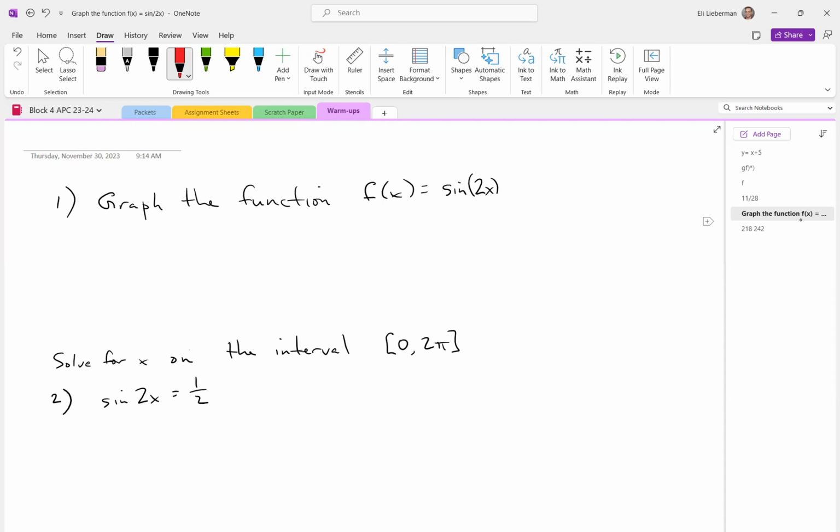Horizontal by one half, and vertically by the same.